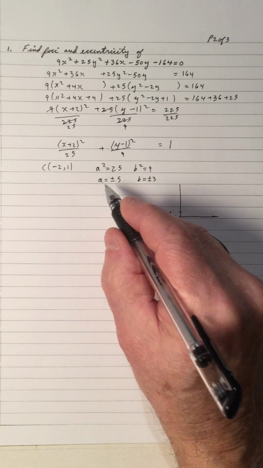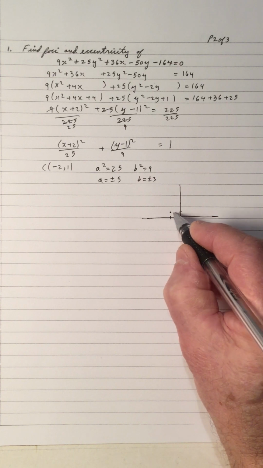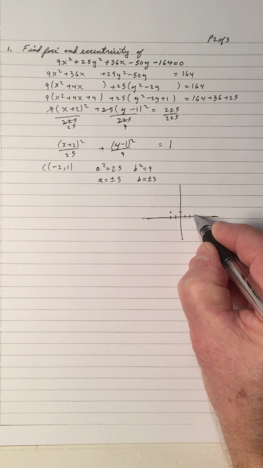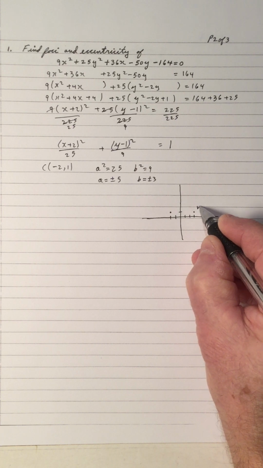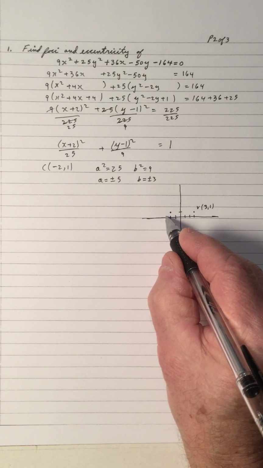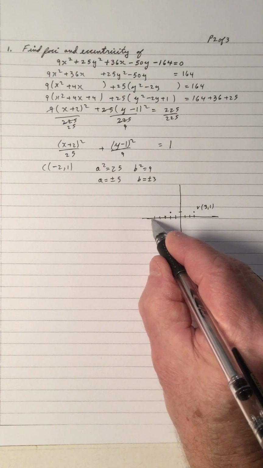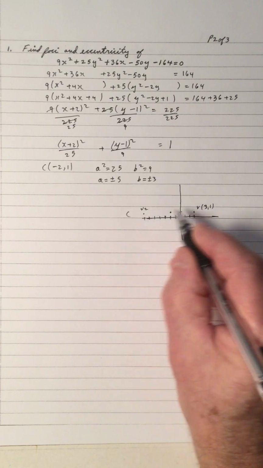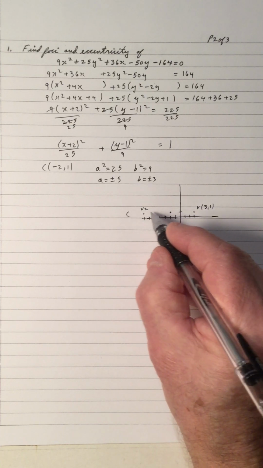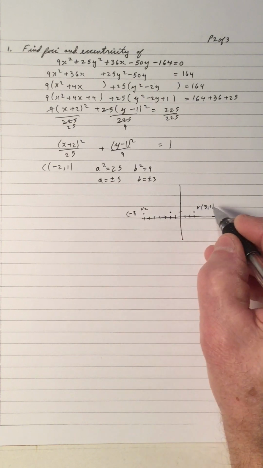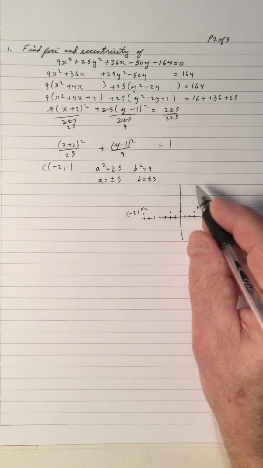So these are the vertices. If I go 5 right, 1, 2, 3, 4, 5, this is vertex 1, which is 3, 1. And if I go 5 left, 1, 2, 3, 4, 5, I get vertex 2, which is negative 7, 1.